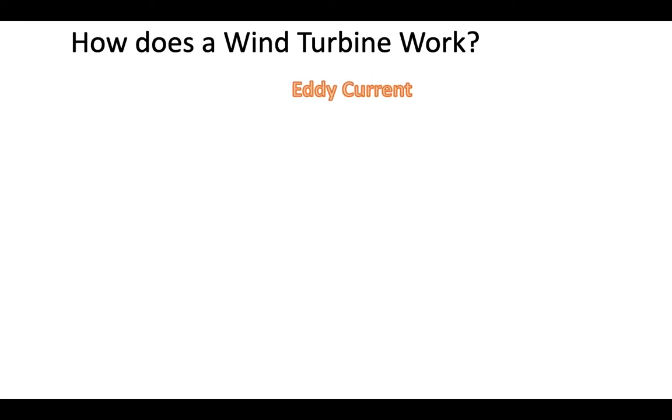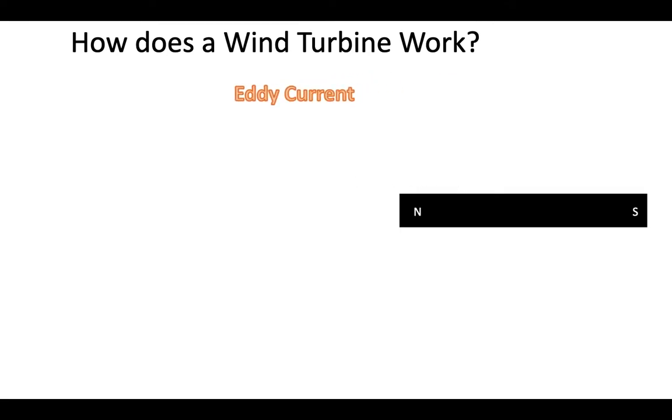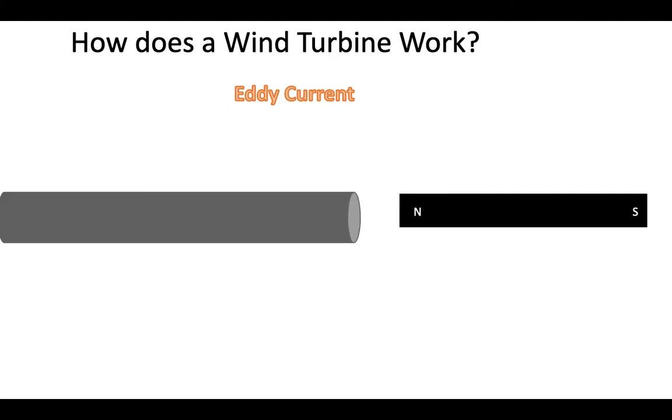Okay, so how does eddy current form? Well, first we have a magnet. The simple idea is when you have a steel rod, we have atoms inside it, and these atoms are all magnetic. Actually, all atoms in the world are magnetic. The reason why wood and plastic aren't magnetic and don't attract to magnets is because they don't change their magnetic field.